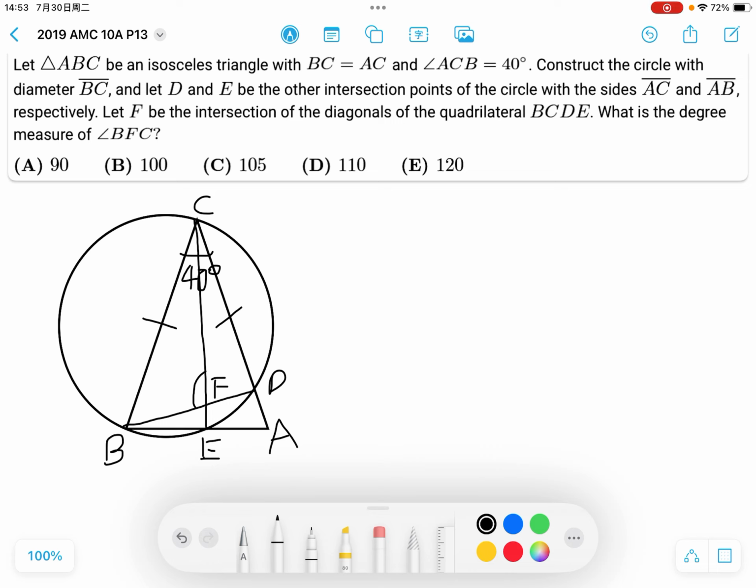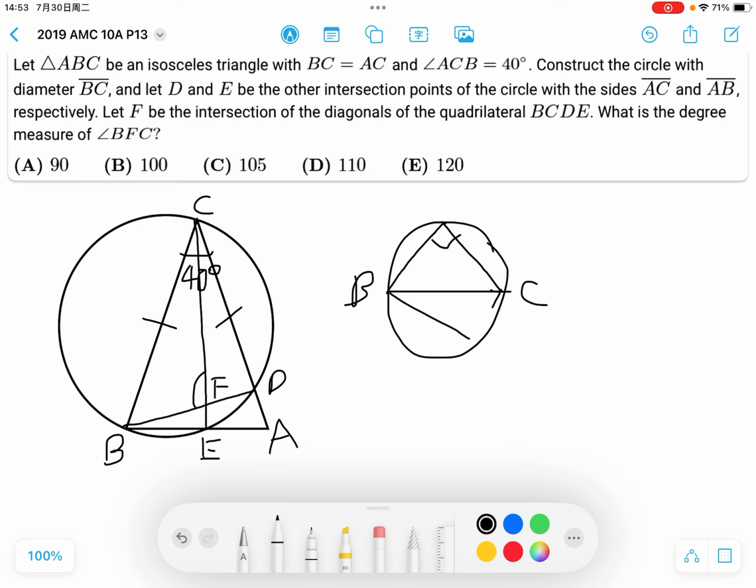And for any diameter, if I had a circle here, let's say that's my diameter, if I had the vertex of my angle on the circle and the two rays of my angle passing through B and C, my diameter points, then any angle like this would be 90 degrees.